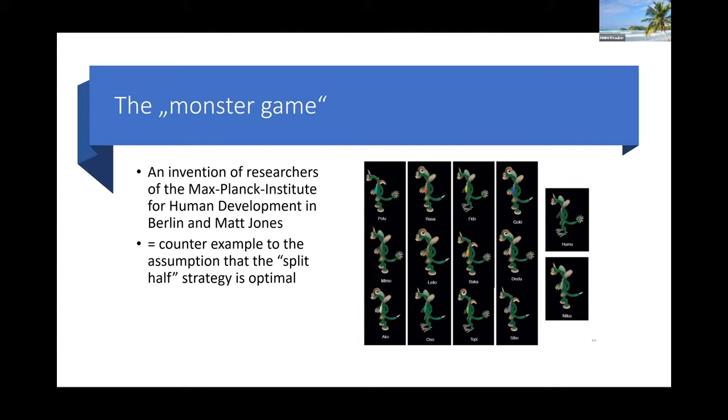In fact, the split half strategy is only a boundedly rational heuristic, because not all the 50-50 questions are optimal. In other words, in the set of monster stimuli, as you can see in the figure, the split half strategy, so the upper half strategy, and the stepwise information gain are not the best method when searching for the optimal question tree, where optimal means the shortest expected path length.